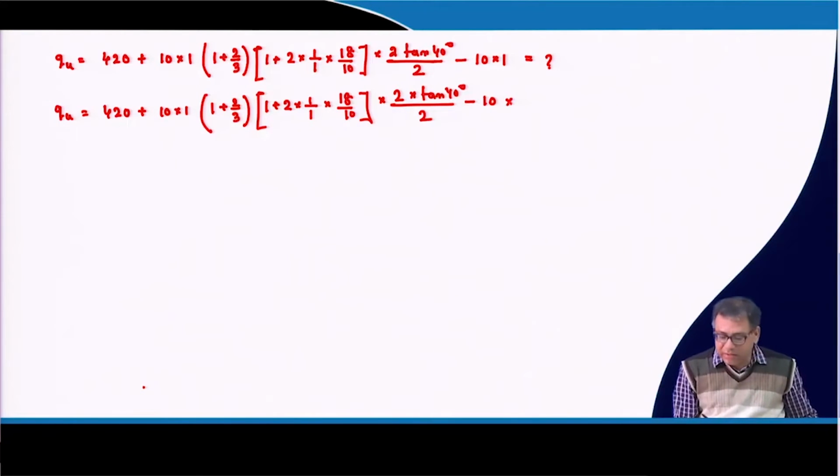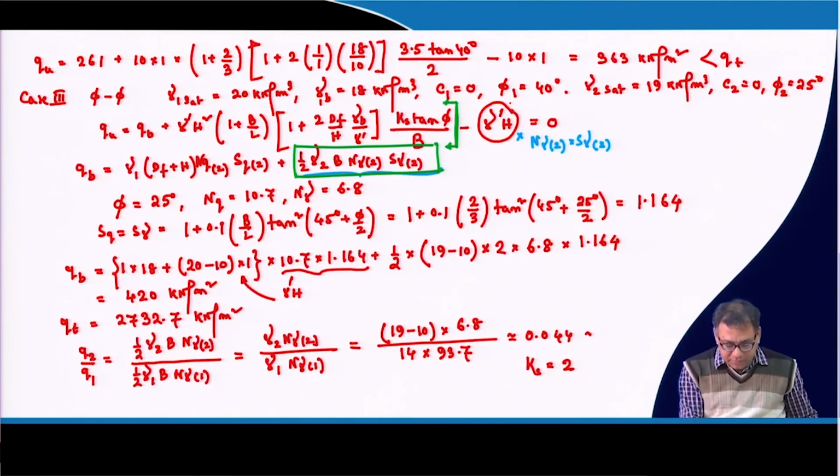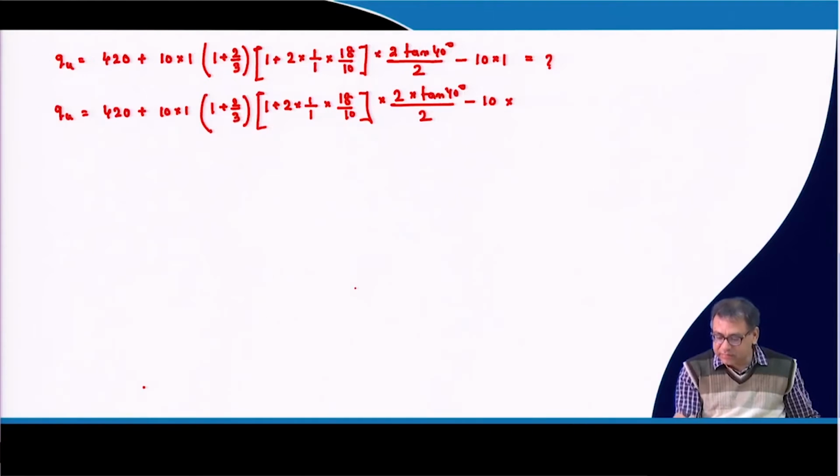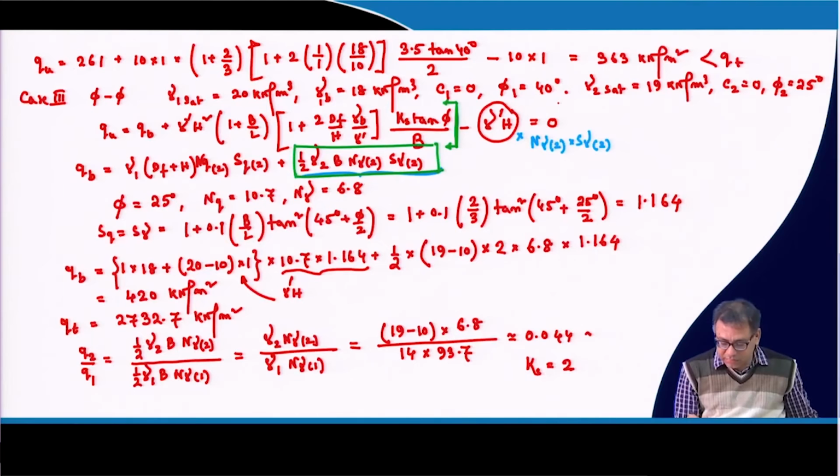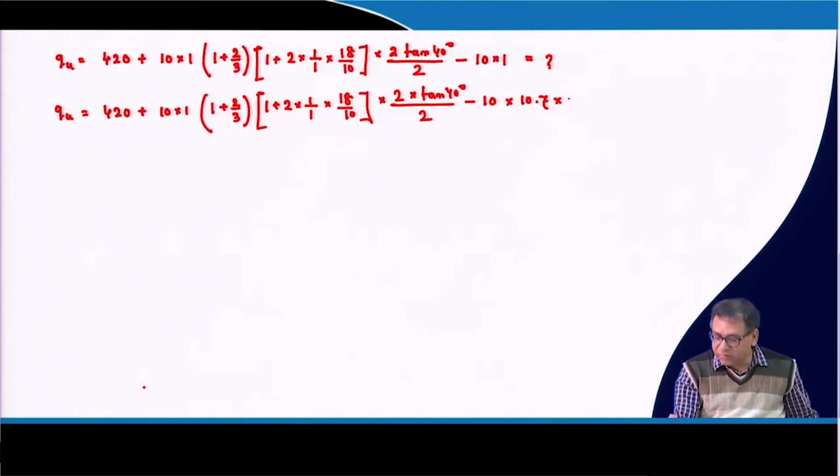Now, N gamma, and this part is what? N gamma 2 is 10.7 and S gamma 2 is 1.164. So, I have to multiply these things also, 10.7 into 1.164. So, that will be your answer.